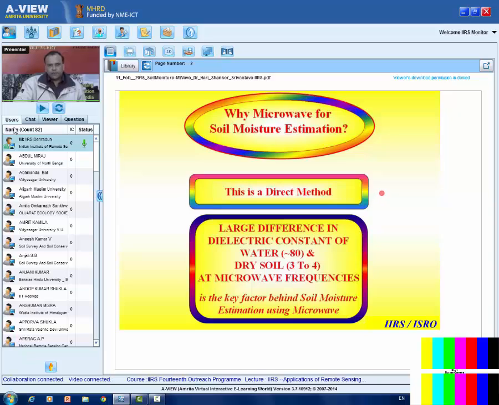Optical remote sensing can also give you some idea about soil moisture estimation, but it relies on the reflection from the target. It means that if an agricultural field is moist, its reflectance will be low. So based upon the reflectance, you can get an idea about the soil moisture status of a given agricultural area.